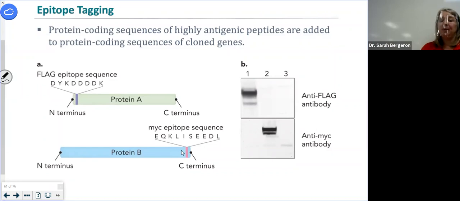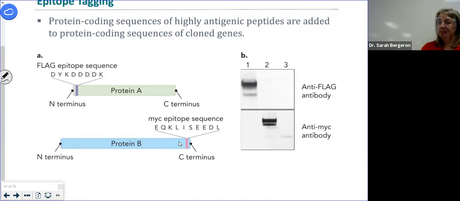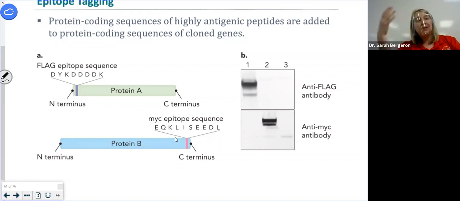Now, what's the problem with this? What's that? You have to know which protein you have. So you have to be able to express your protein in this cell type with the tag inserted into it. So you need to know which protein it is to start with. But I am messing with the amino acid sequence of my protein.